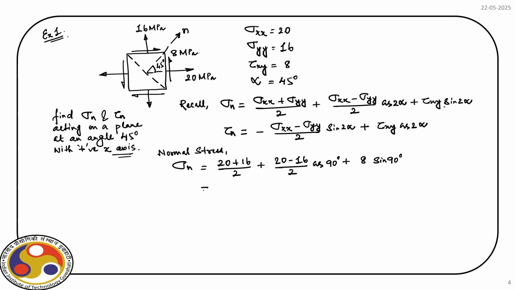So, what we have is first term 20 plus 16 by 2. So, this is 18, plus second term, because cos 90 is 0, so this will be 0, plus 8. So, sigma n is 26 MPa.